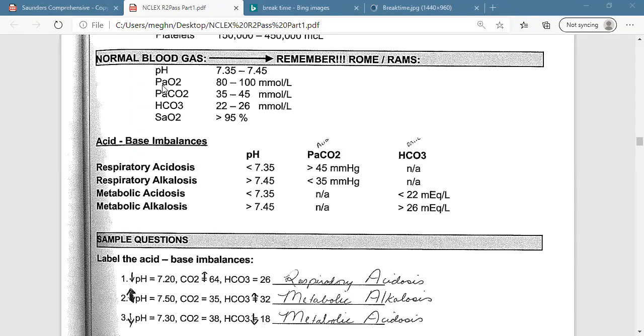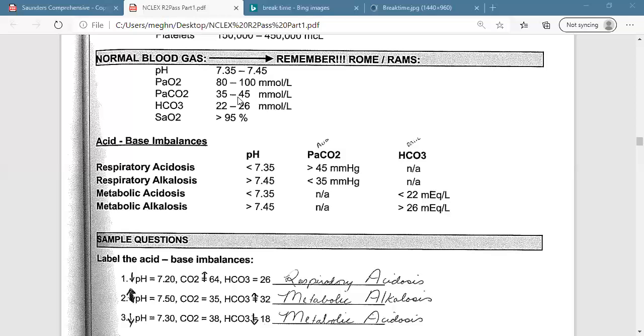And second one, the partial pressure of oxygen, and the normal range is 80 to 100 millimole per liter. The partial pressure of carbon dioxide is 35 to 45 millimole per liter.